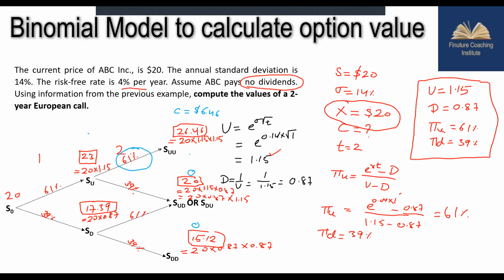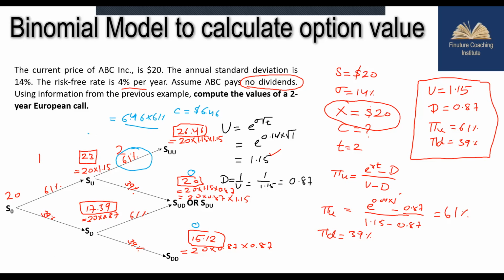So your expected value is the call price into the probability. So your 6.46 into the chance of getting this value after 2 years, which is 61%.